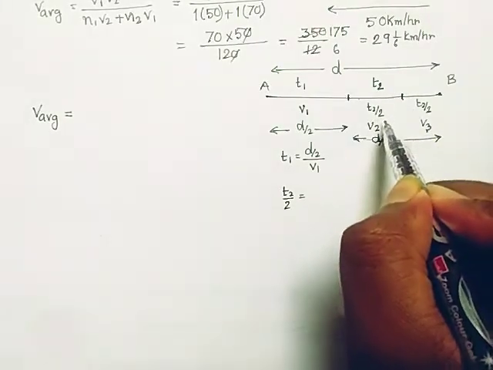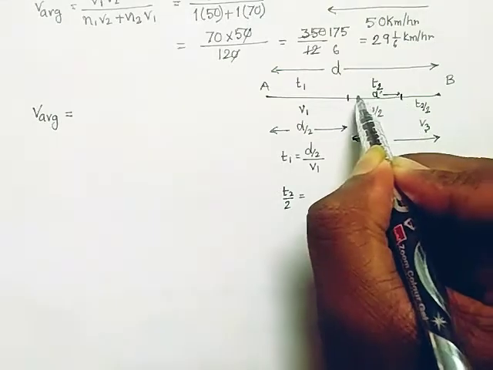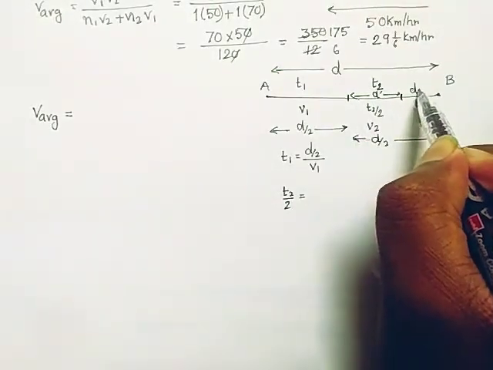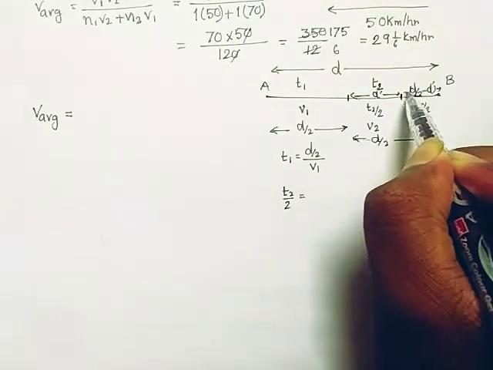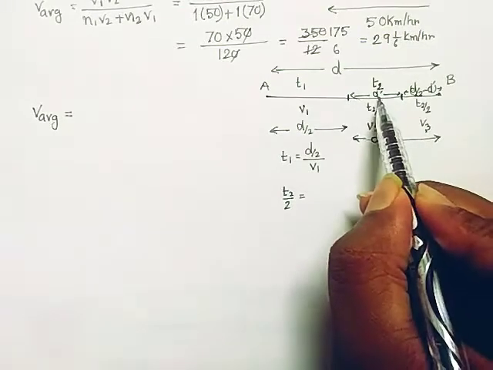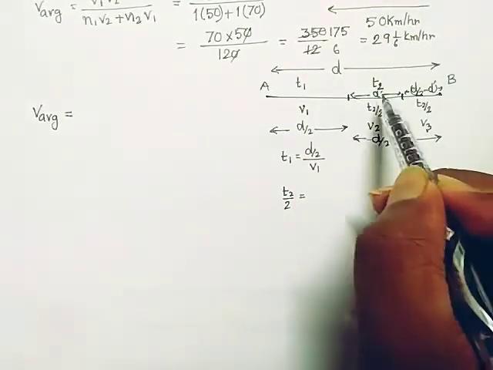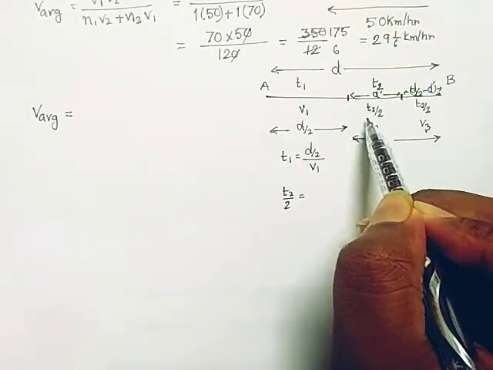Let us consider from here to here the distance is d prime, and the rest of the distance is d by 2 minus d prime. So you can say this d prime path he is moving with the velocity v2, and in moving this path the time taken by him is t2 by 2.